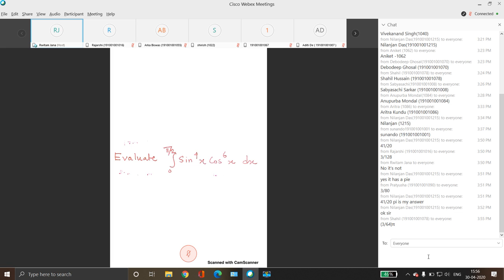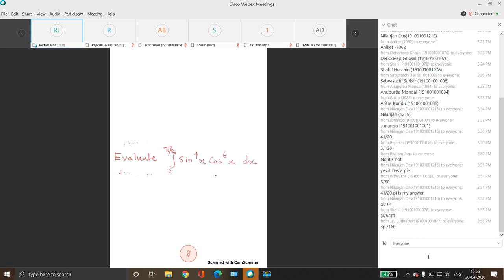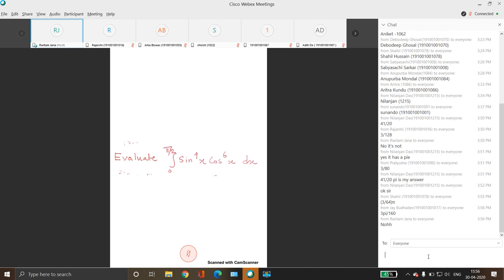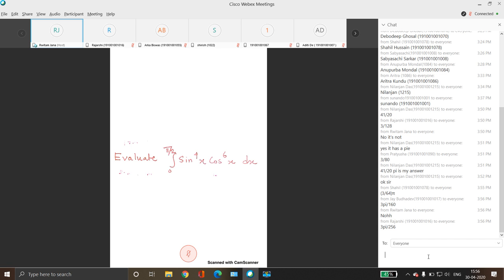Sahil, 3 pi by 64 is not correct. 3 pi by 160 is not correct. The numerator part is correct, 3 pi. But you should concentrate on your denominator part.